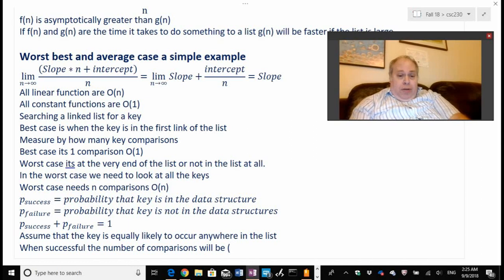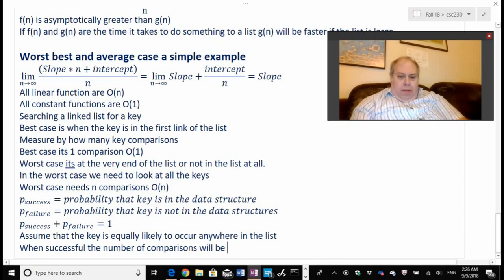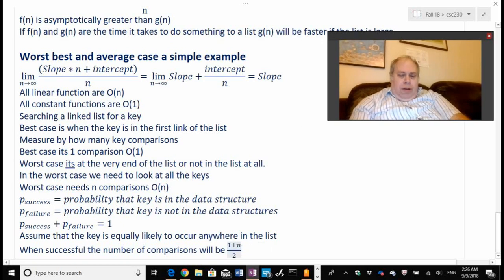Now that's not always true, but in this case where everything is distributed equally, it will be true. So it'll be, let me put that in math, 1 plus n over 2. And we discussed before, when we fail, we always have to look through the whole list because we don't know we're going to fail.